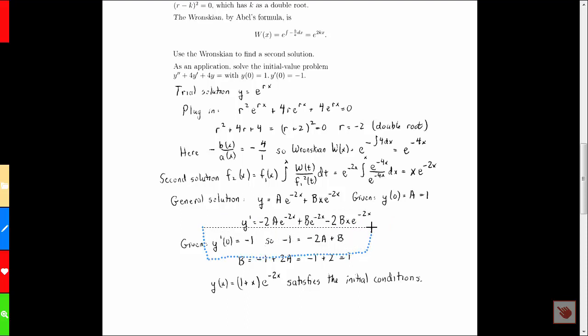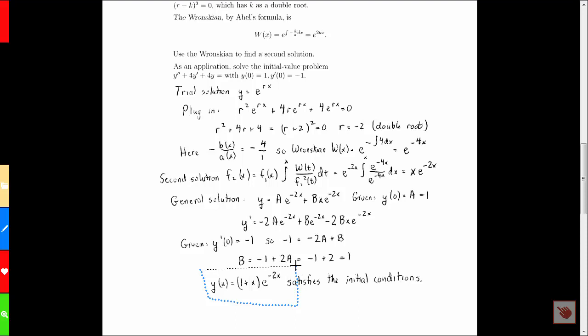We're told that y prime of 0 equals minus 1, and therefore minus 1 is equal to minus 2a plus b, plugging in x equals 0 in the general solution. So b is minus 1 plus 2a, since we already know that a equals 1. b is also equal to 1, and we've got the solution to our initial value problem.